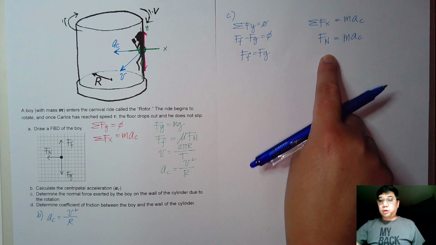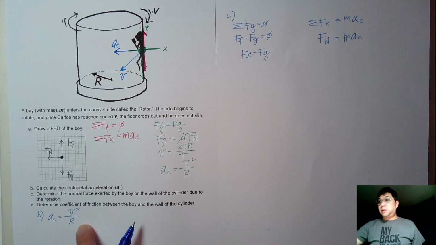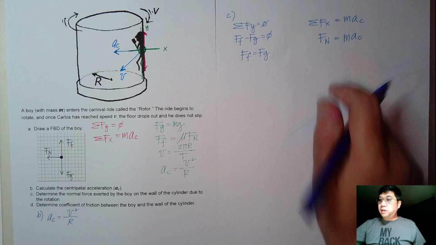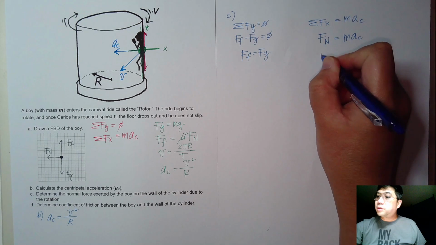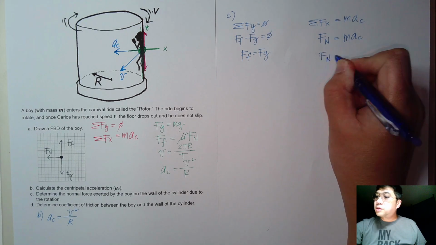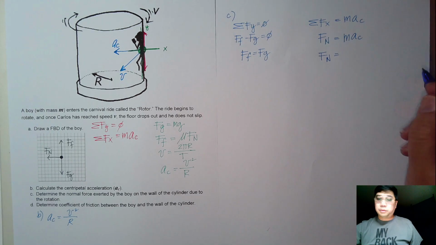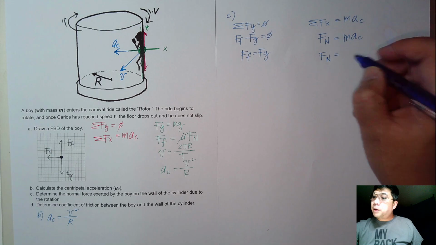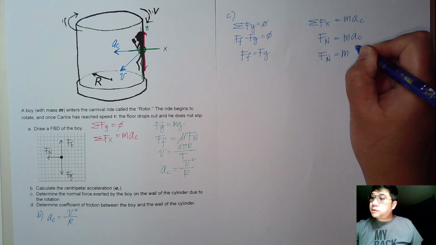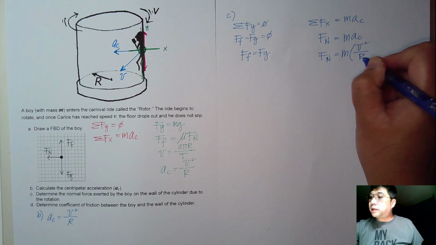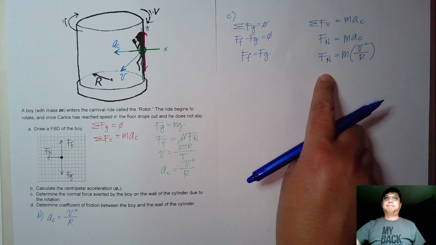Or we can also place this in terms of ac. So we can further simplify it, which means that your normal force is simply equivalent to mass times the square of the velocity over r, and that is your normal force.